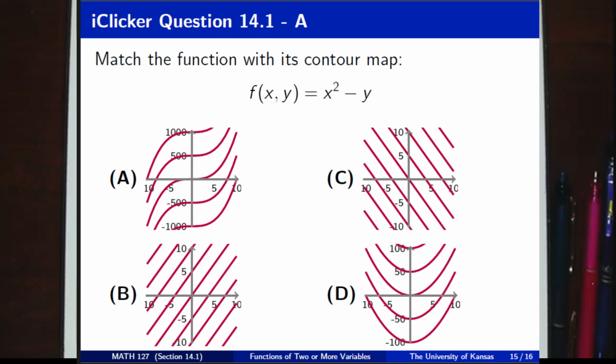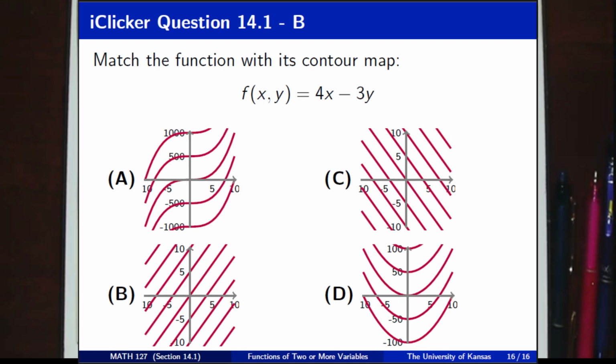Okay, one more. Do this one fast. You have to decide about what shape it gives you. Lines. What do I need to know about the lines? Slope. Hold on. So you're setting 4x minus 3y equal to a constant.